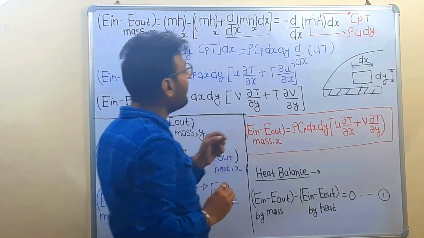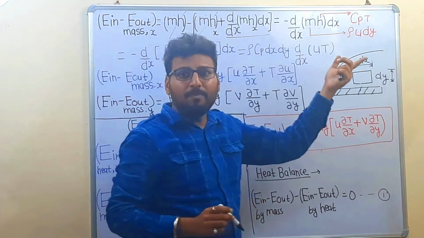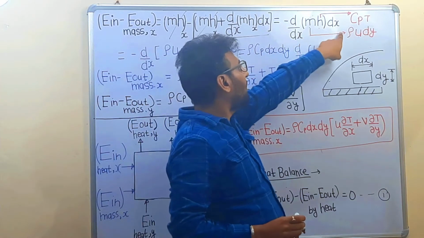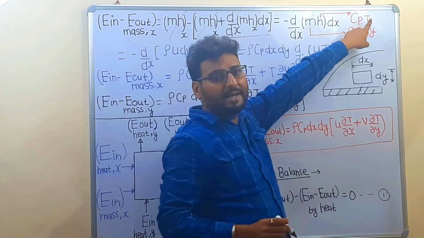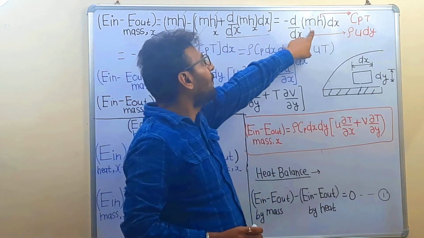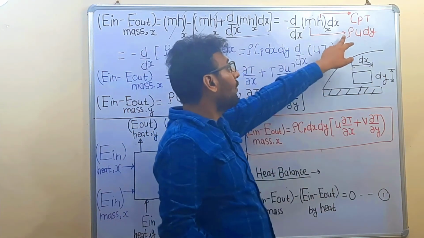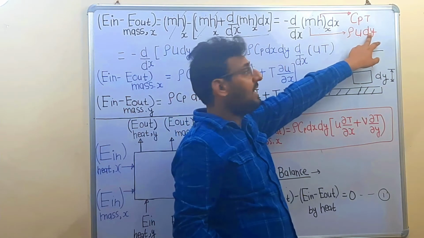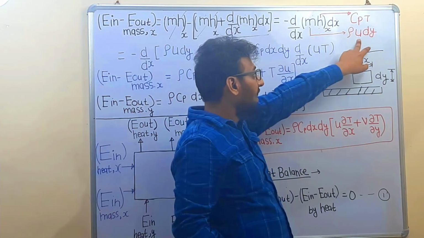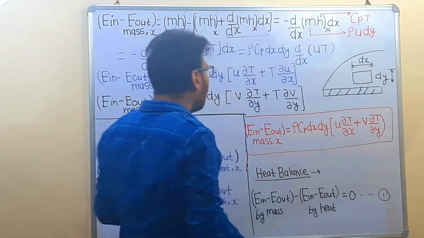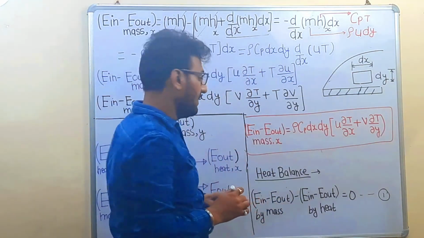Now, as we already know from the basics of thermodynamics, enthalpy per unit mass is given by c p T, and mass flow rate in x direction is given by rho u dy, velocity in x direction times the area perpendicular to the flow direction.